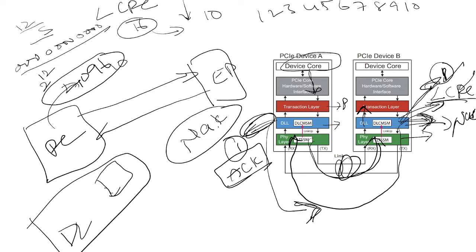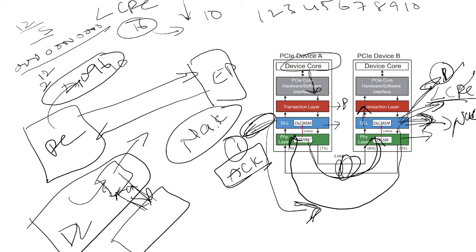Before sending the packet to the physical layer, that packet is also stored in this buffer. If you get ACK information, that TLP is removed from the DL layer. If you get a NAC from the receiver side to the transmitter side, it will send that packet again.